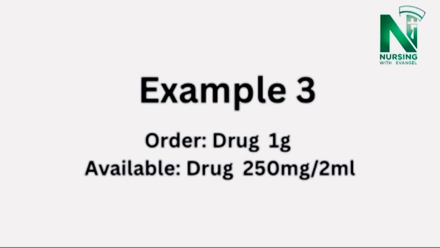So to solve that, you're going to plug in the parameters into the D over H times V formula. And this is going to give us 1 gram over 250 milligram times 2. But does that make sense? It doesn't make sense because you can't have gram as the numerator and have milligram as the denominator. So we're going to convert everything to 1 unit.